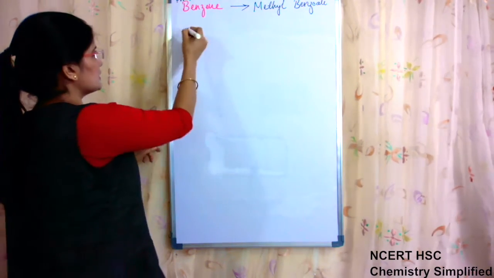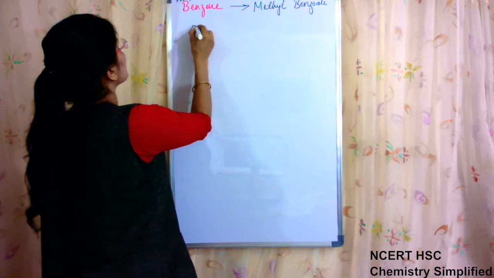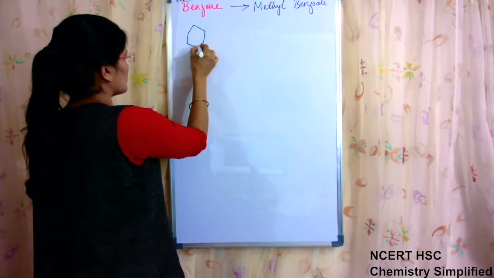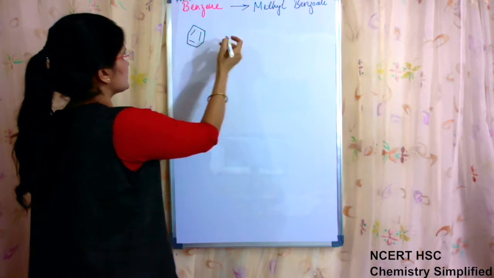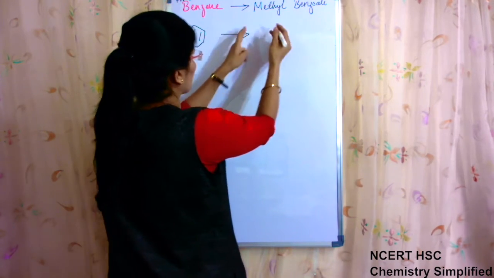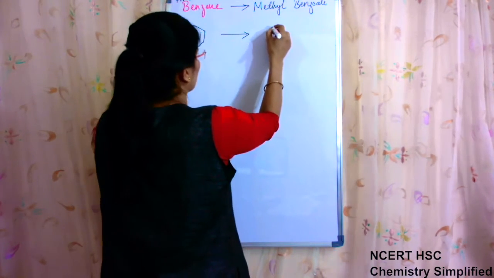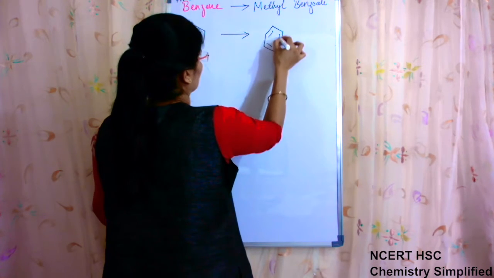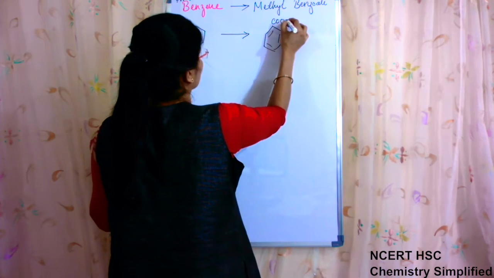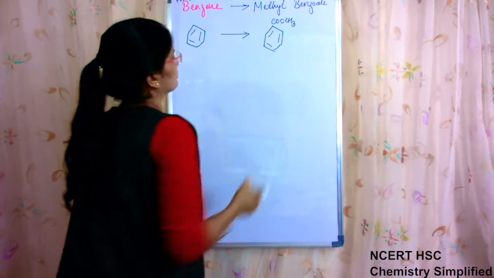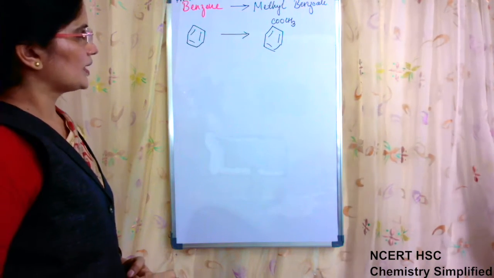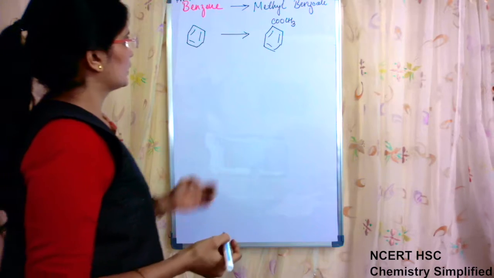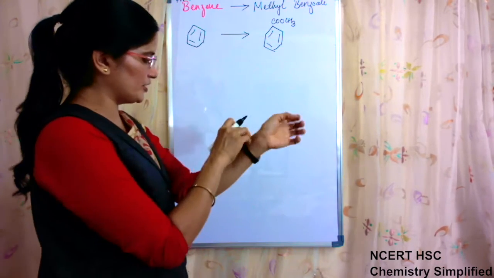The first thing you do in such questions is to write the structure of the compounds given. Benzene is required to be converted into methyl benzoate. Benzoate means ester group. Okay, this is the final product which we require.